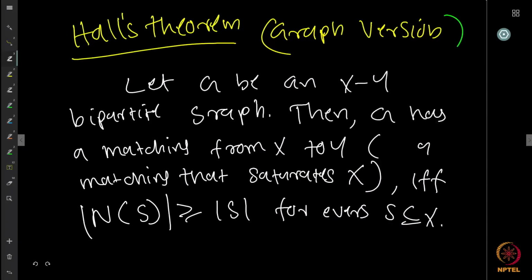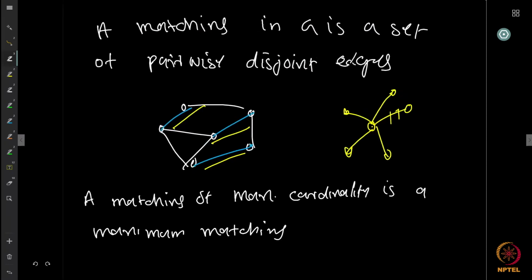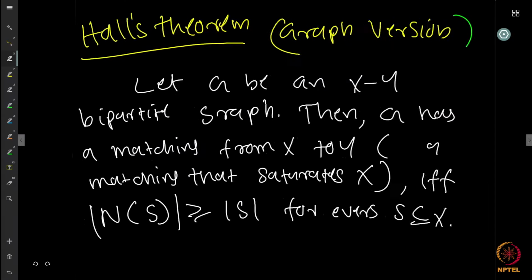In other words, if Y is the set of ladies and X is the set of men, and the edges represent the preferences of the ladies, so every lady says, I prefer these guys, I can define a bipartite graph as follows.